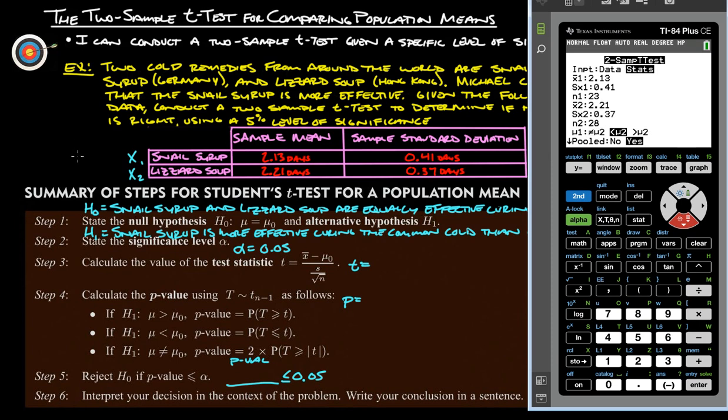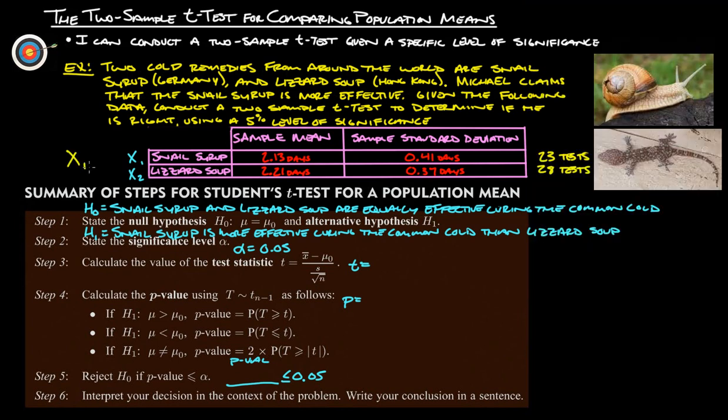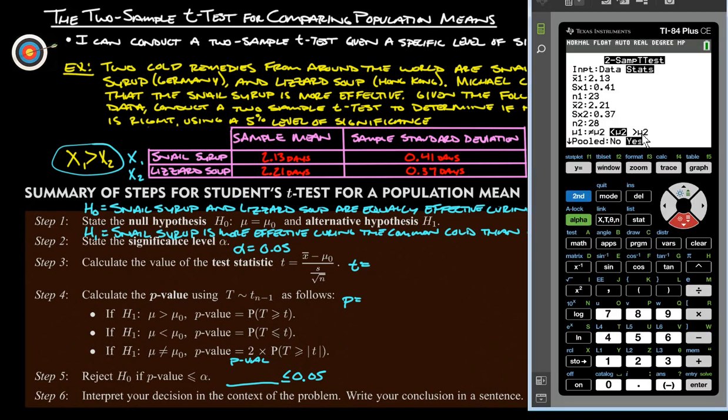What we're looking for is that x1 has to be greater than x2, so this is what we're trying to prove. Notice there is no x1 here, it's just the mu, so we want mu1 less than mu2 here, so we choose this one. I made this mistake before: make sure you push enter so that one is highlighted.